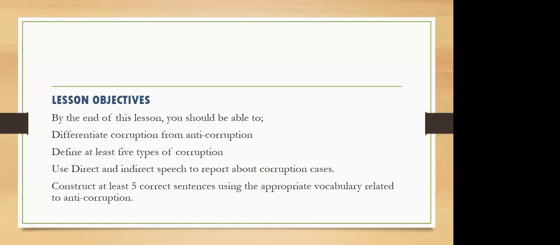By the end of this lesson, you should be able to differentiate corruption from anti-corruption, define at least 5 types of corruption, use direct and indirect speech to report about corruption cases, and construct at least 5 correct sentences using the appropriate vocabulary related to anti-corruption.